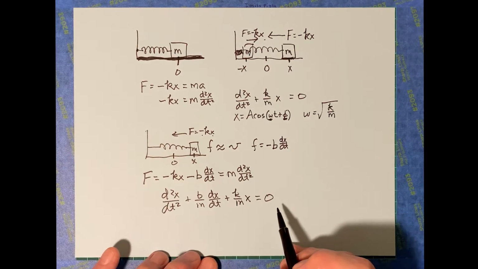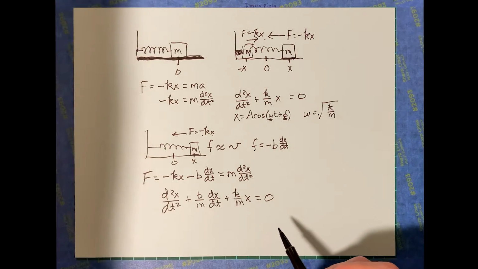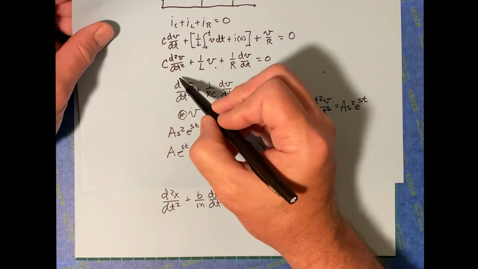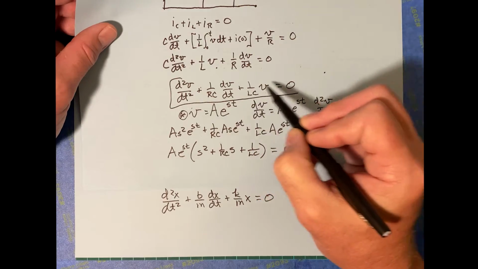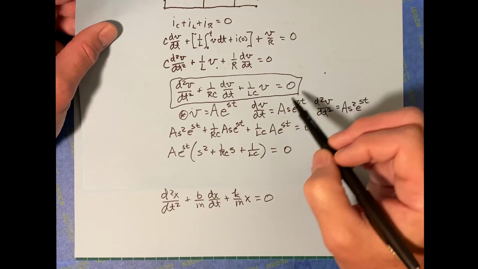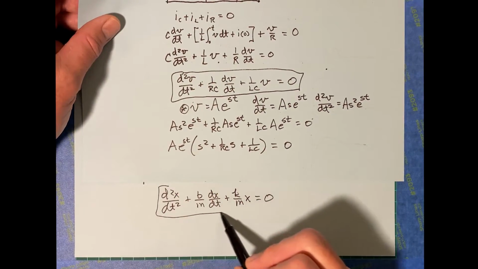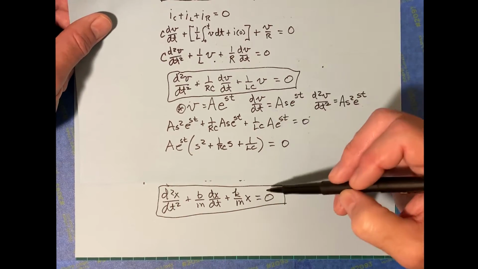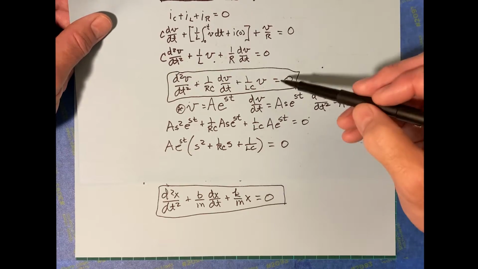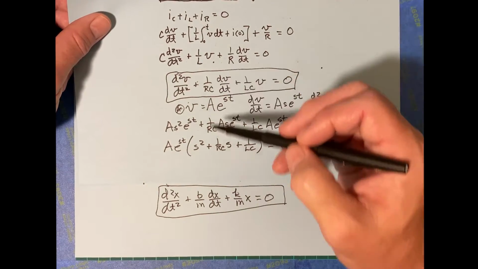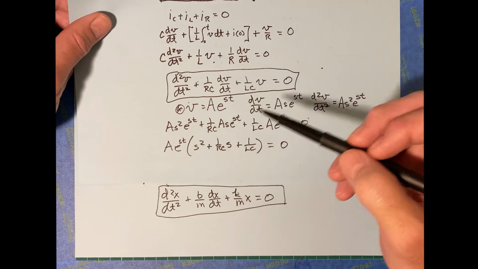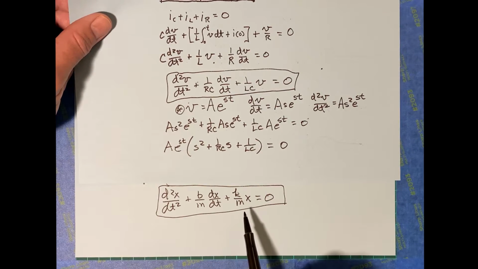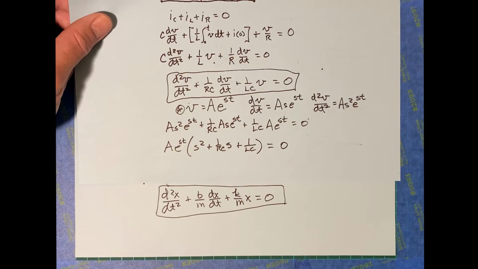Now I want you to compare this to our equation that we just wrote down here, this equation, and compare that to this equation here. You'll see that those have parallel forms. They have the same form. The coefficients are different, the variables x and v are different, but this is a second order homogeneous differential equation just like that one up there.